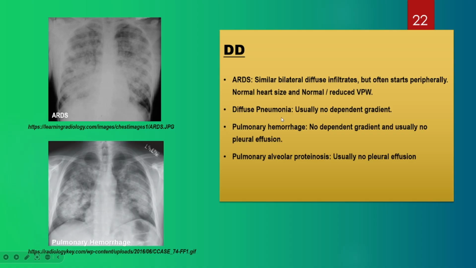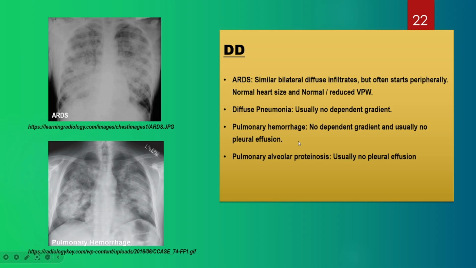Diffuse pneumonias, the opacifications can mimic heart failure but usually not gravity dependent. Pulmonary hemorrhages, the bilateral opacifications can mimic heart failure but again no dependent gradient.